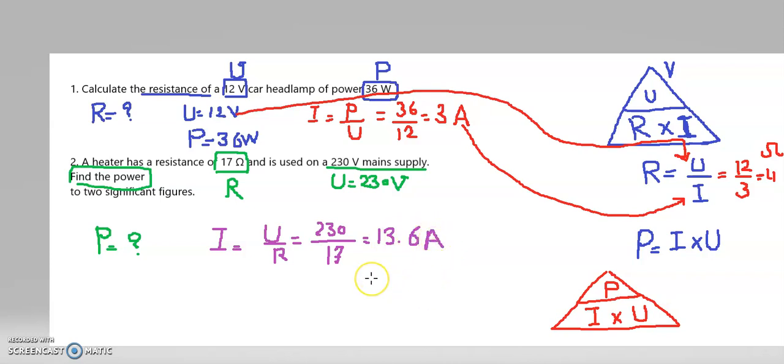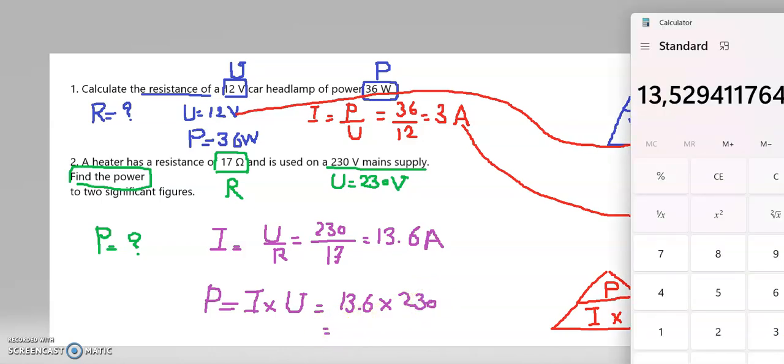Now that I have the current, I can calculate the power. So power is current times voltage, which is 13.6 times 230. Oh, that was actually 13.5. Okay, so this times 230.